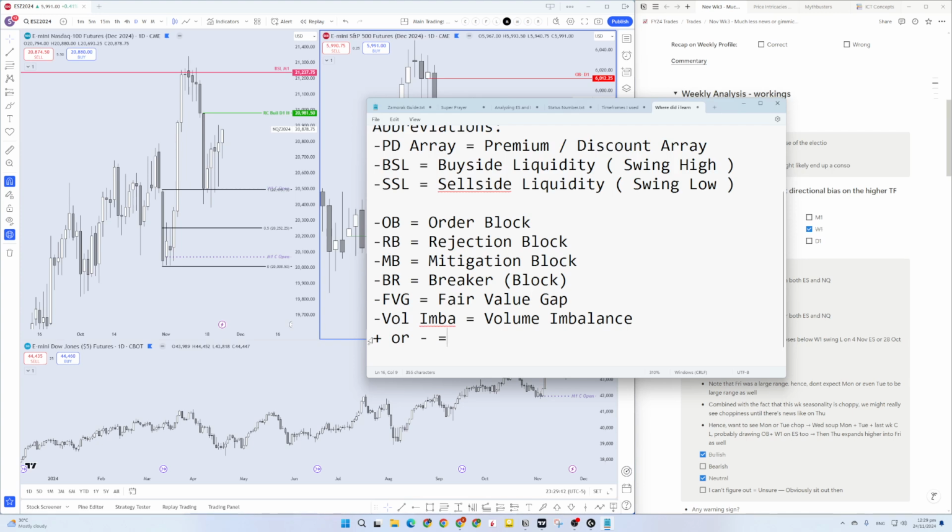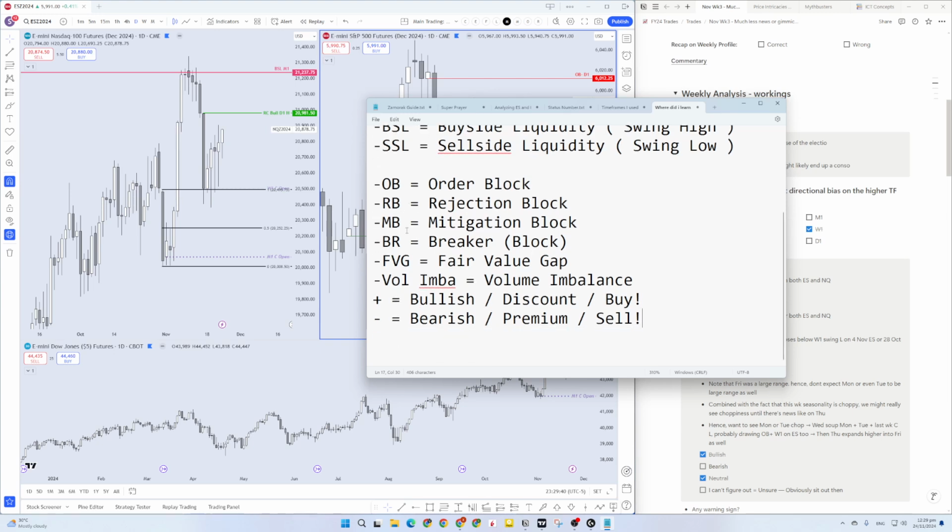If it's a plus, it means that it's a discount array. Think of it, when you think of plus, you're thinking of buying something, adding something, right? So plus equal bullish / discount / buy. Okay, minus equal bearish / expensive, hence premium, sell.